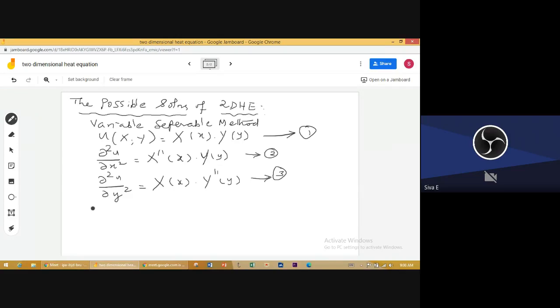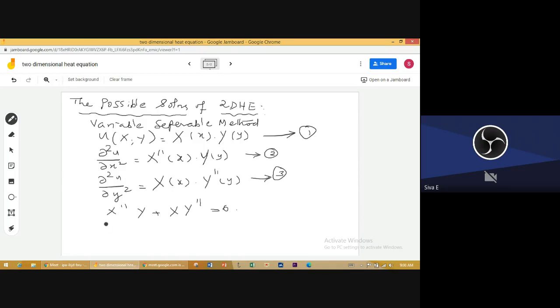Substituting 2 and 3 in the Laplace equation, we will get X double dash Y plus X Y double dash equal to 0.